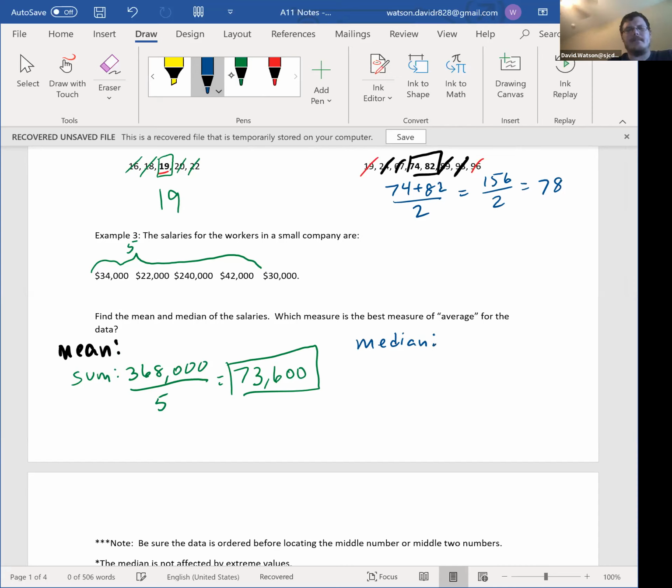What about for median? Remember, median was for an ordered set. So just to make sure that we get this right, I'm going to go ahead and put these numbers in order. So we have 22,000. Next up would be 30,000. Then 34,000, 42,000, and 240,000.